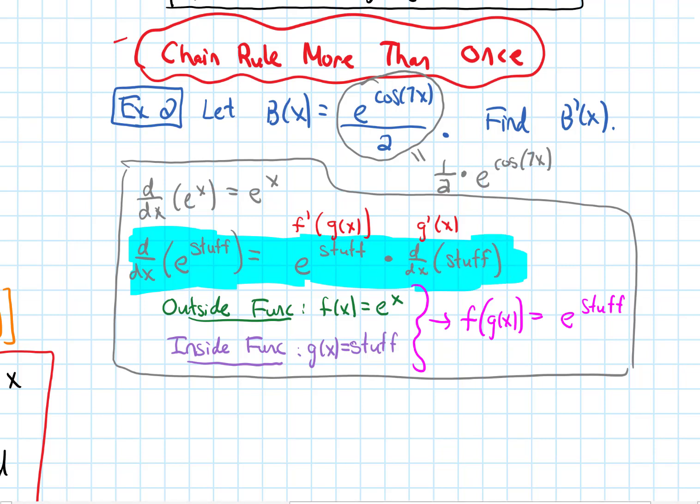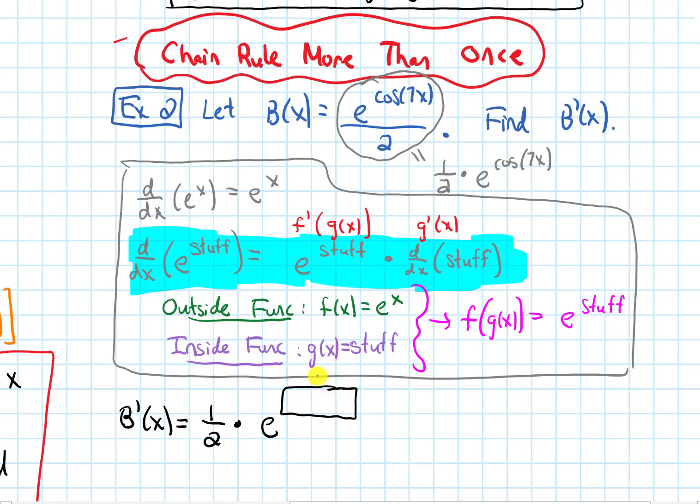All right, so let's use this for our example. So for the derivative of our function b of x, the 1/2, we can keep it out in front because it's a constant multiplying our function. And we'll multiply that by the derivative of e to this stuff. So chain rule says we'll do the derivative of the outside first, which is the e to the whatever part.